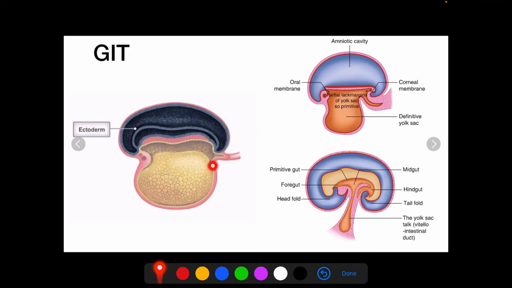All the organs that originate from the foregut, midgut and hindgut have the same blood vessel origins.